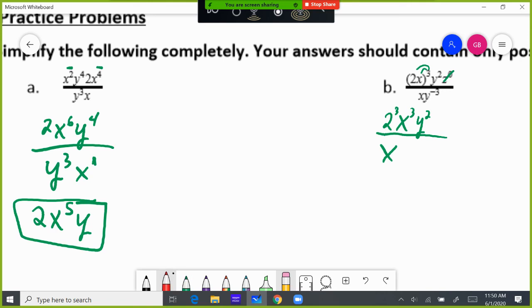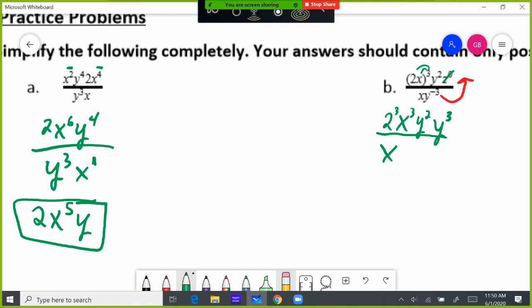Another thing to remember, when you have a negative exponent, you move it. If it's in the bottom, you move it up, or if it's already on the top, you move it to the bottom. So I'm going to write that y to the third power up here now because I want to make it positive. Once you move it, it turns positive.